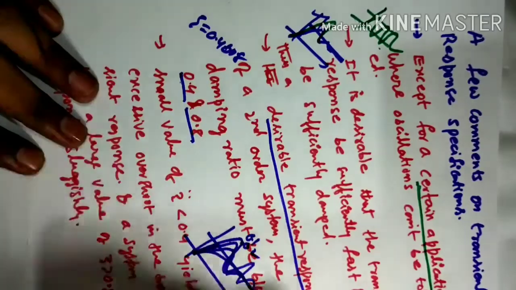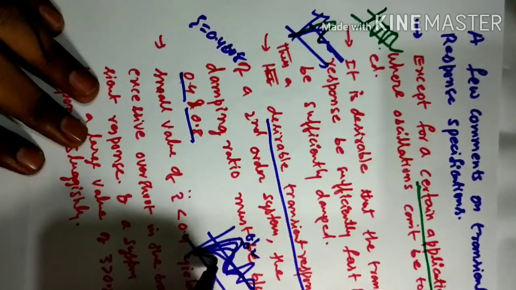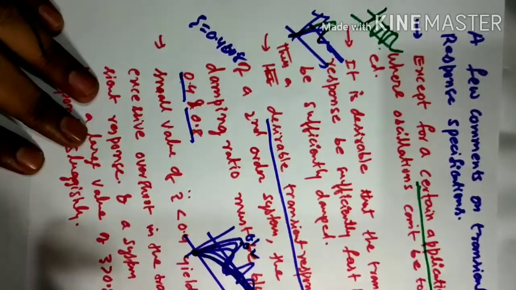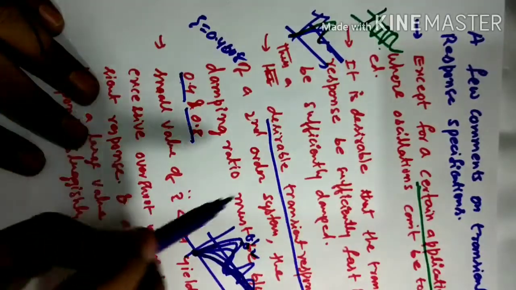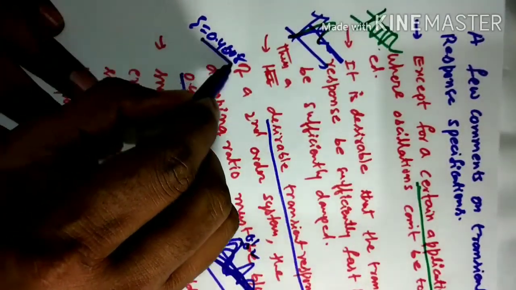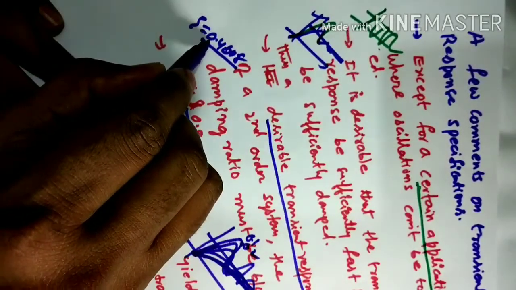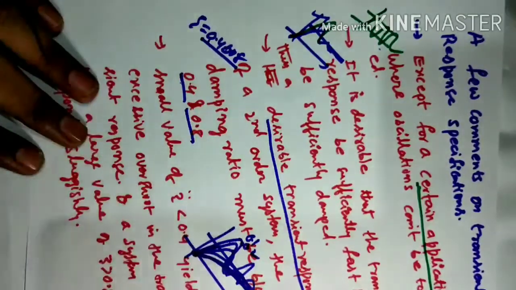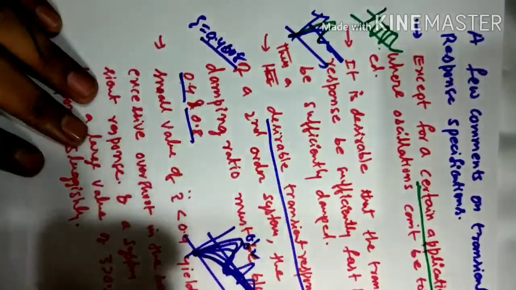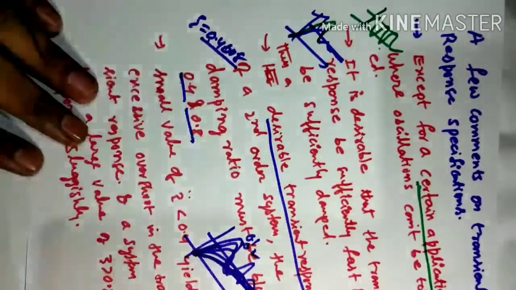If the damping ratio is more than 1, the response is very sluggish, over damped. So the desirable transient response for a second order system should have a damping ratio between 0.4 and 0.8. That is the desirable transient response for a second order system.